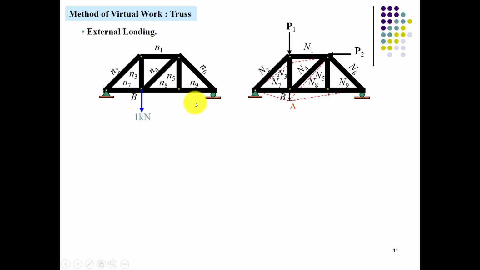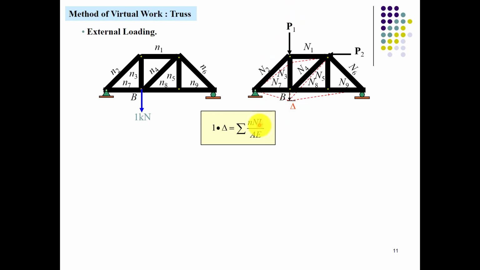So we can calculate the deflection delta by the equation that we have already developed for the bar elements. Basically, it's a sigma of small n, which is the tension or compression due to the virtual load, times capital N, which is the response of the truss elements due to the real-time applied loading.